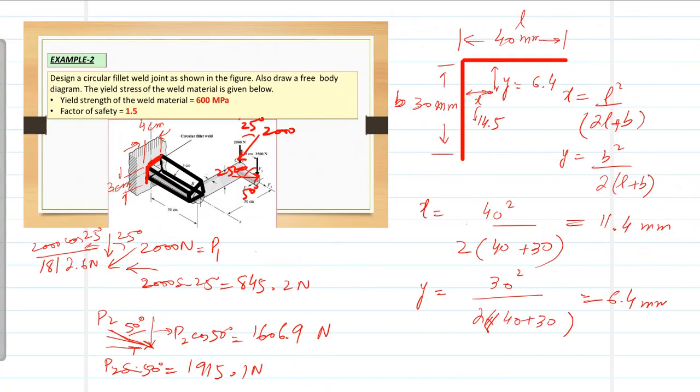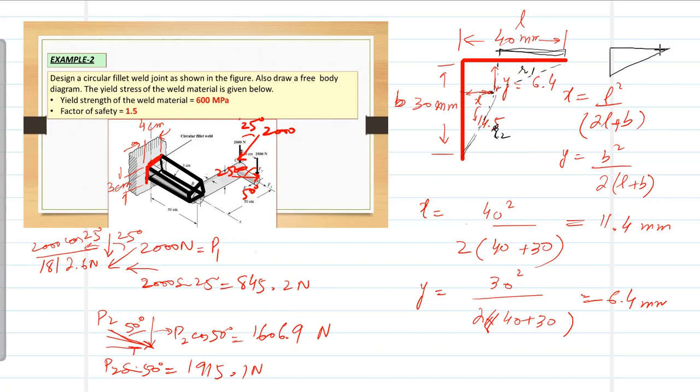Now for R2, we have to look back at the geometry again. So this is the geometry. We have to first find this R and this R. This is R1, this is R2. I have to find theta also. Clear? So if I separate this triangle from here, you can also do it in the exam as well.